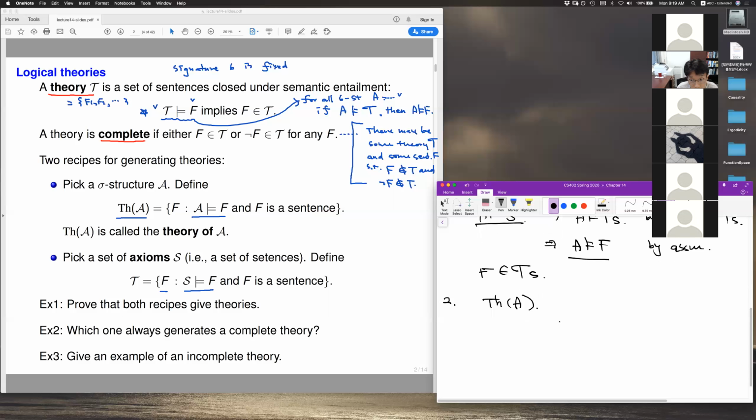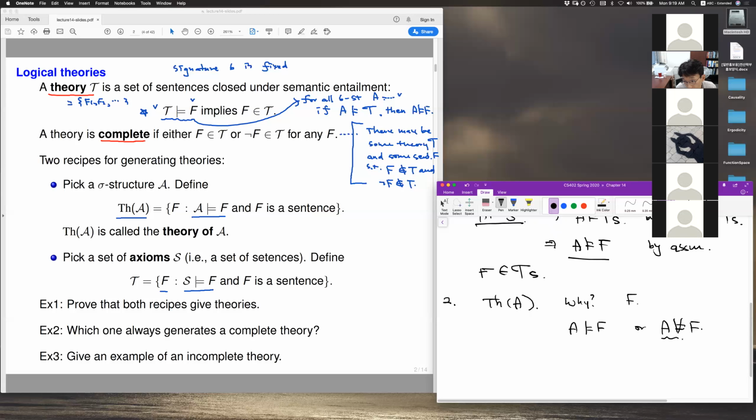Now, the complete theory is Th(A). In the general case, why is that the case? If you're given a sentence F, then we know that a structure A will either satisfy F or not satisfy F. This is with respect to a specific structure A: it either satisfies F or it doesn't.